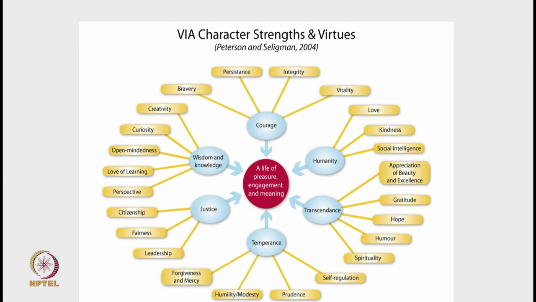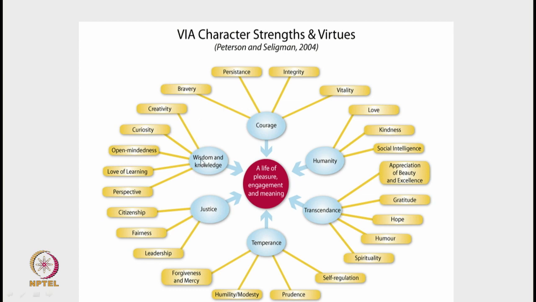And these 3 components are directed by certain virtues, and these virtues are wisdom and knowledge, justice, temperance, transcendence, humanity and courage. And each virtue has certain character strengths. What are these character strengths?